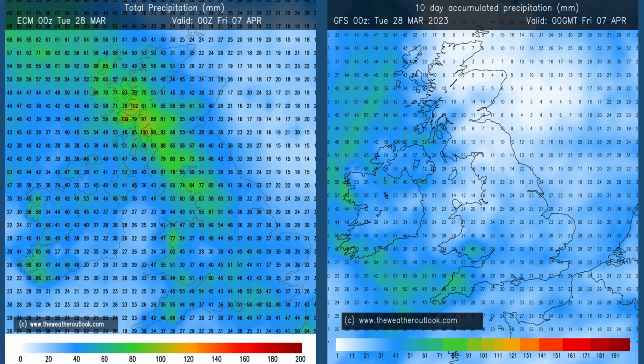So some discrepancies, but the signal is for all areas to see some rain. In fact, the driest conditions may be the eastern part of Scotland, according to both of these charts. But for our differences there, the ECM showing greater amounts of rain in that part of the UK than the GFS. So quite a lot of uncertainty just about how much influence high pressure will be having later on.